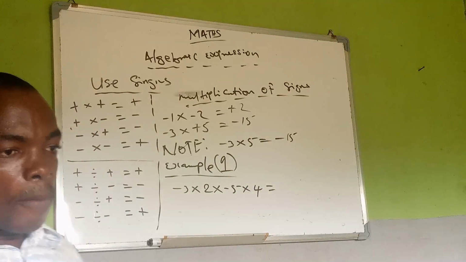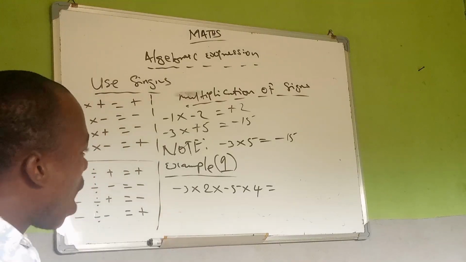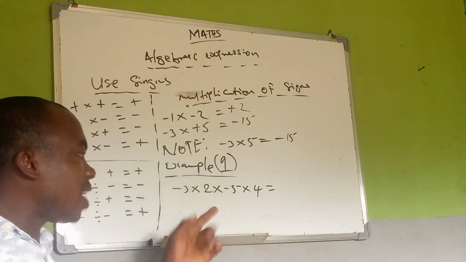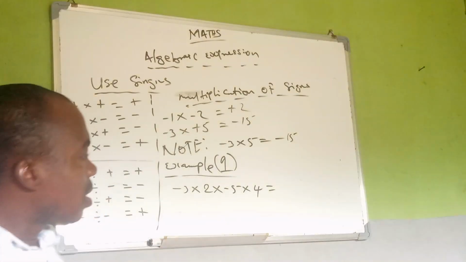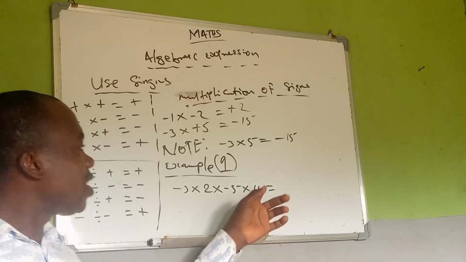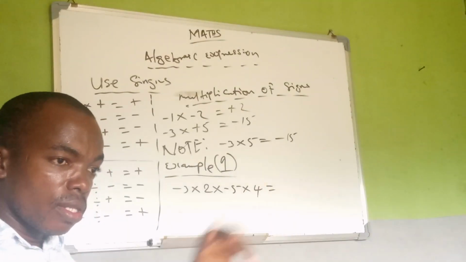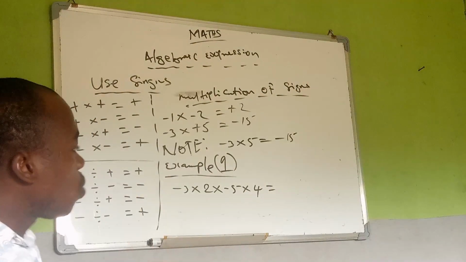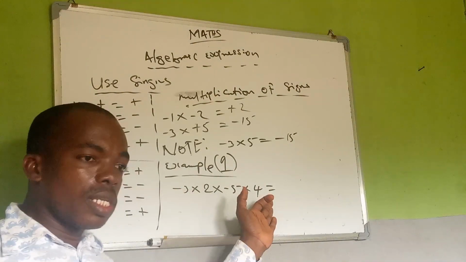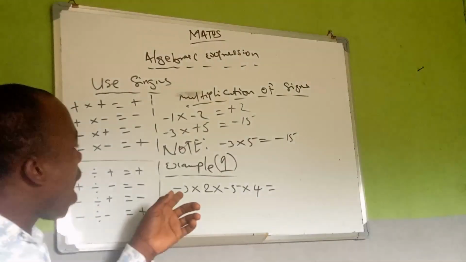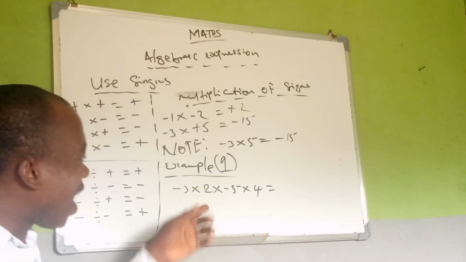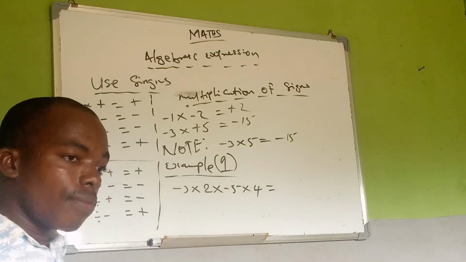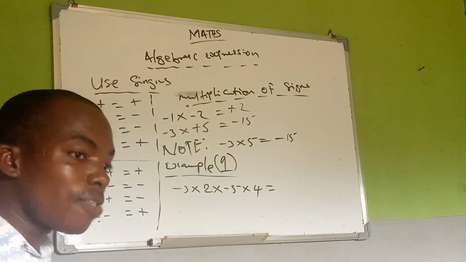Bear in mind that this 2 is carrying plus and this 4 is also carrying plus. So we have minus times plus, which is minus. That minus times minus is plus.